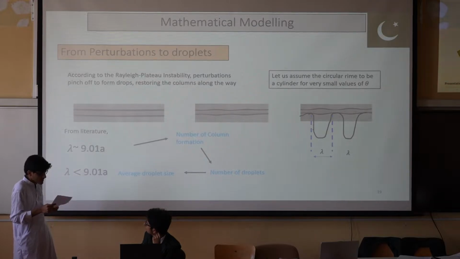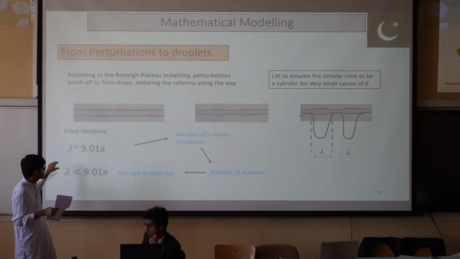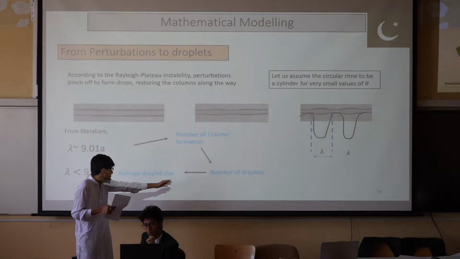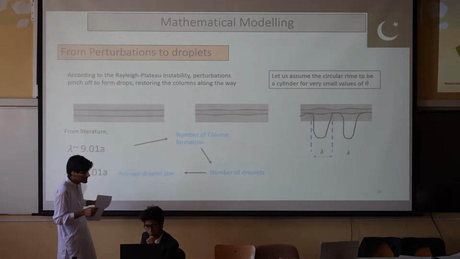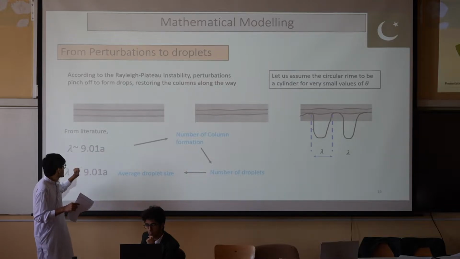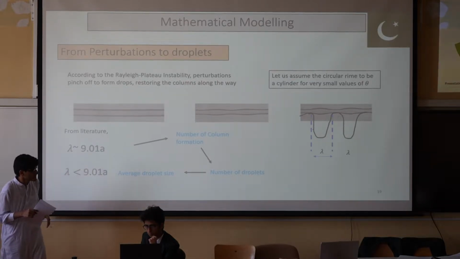This is shown with the Rayleigh-Taylor instability, and this allows us to find out the number of columns formed, which then gives us the number of droplets and the average droplet size. Just for the case of simplification, even though the rim isn't a perfect cylinder, we assume that lambda is still equal to 9.01a.